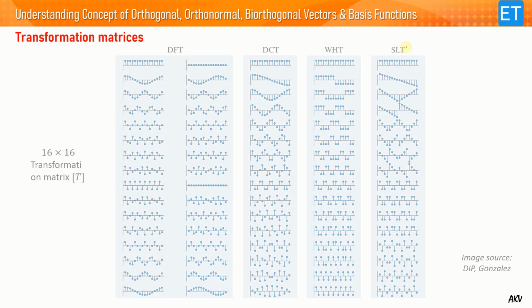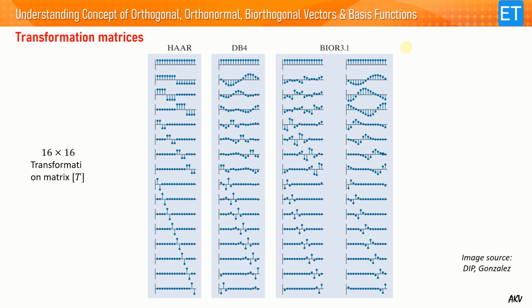And now see the other very popular transforms like Haar transform. It is also having the single column, it's a real transform, and the wavelet Daubechies 4. So all are these basis functions. This is your transformation matrix T. And bi-orthogonal 3.1. So these are the bi-orthogonal wavelets, and here you can see that you have the two matrices.